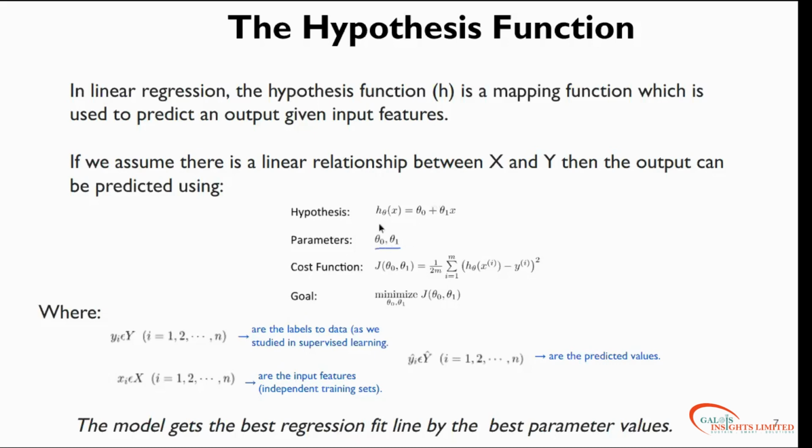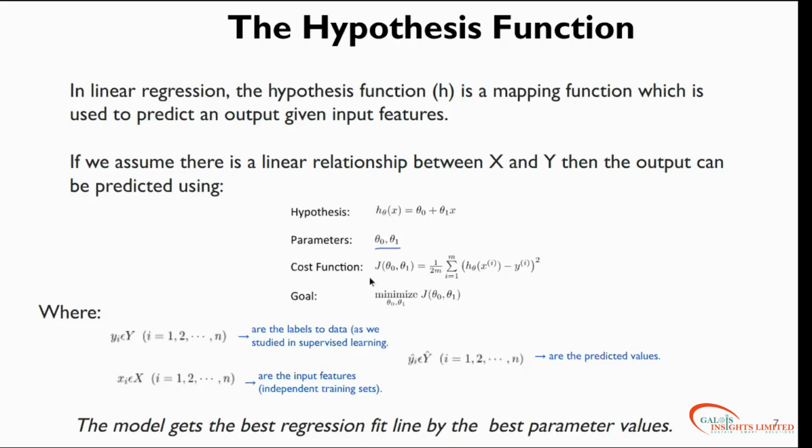Theta naught refers to the intercept, and theta one is the slope or the gradient. You can see that this function is nothing but a linear function.